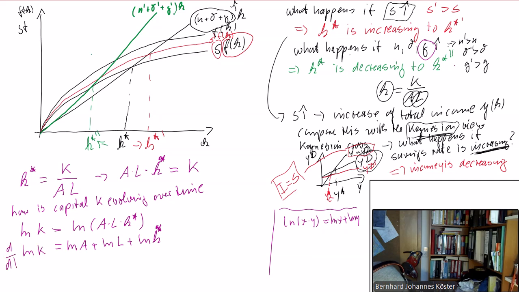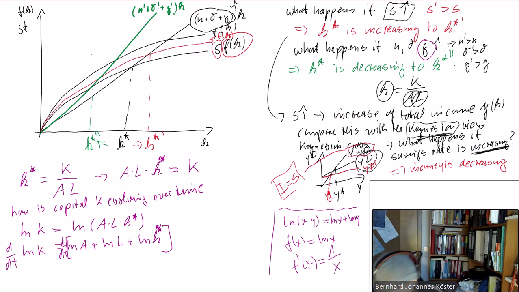And now let's take on both sides the time derivative. Why is it nice? If you have f of x equals ln x, what is f prime of x? This is just 1 over x.